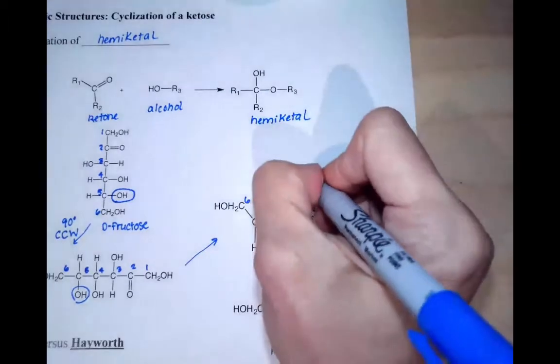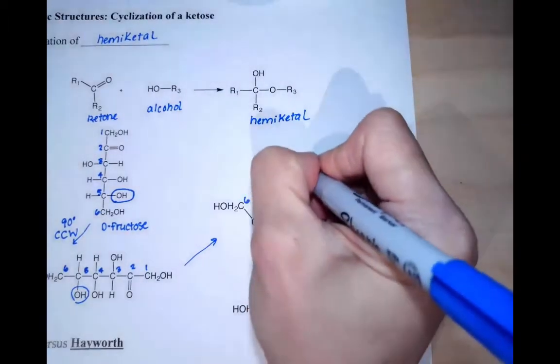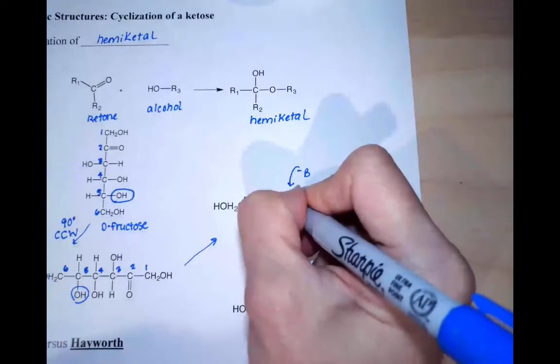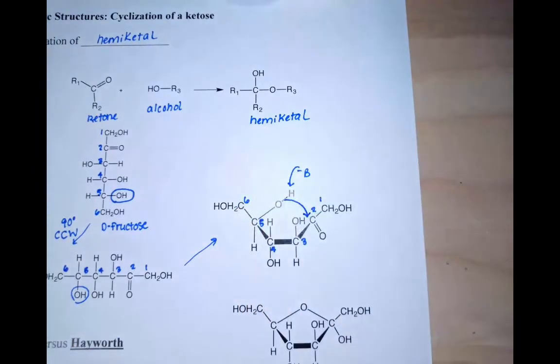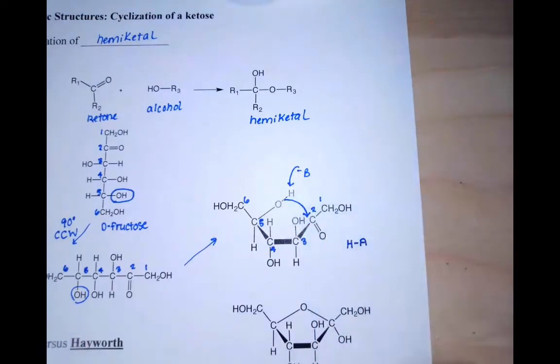This is, of course, going to be assisted by some base that will abstract the proton on the alcohol group, which will make the oxygen a better nucleophile for attacking that carbonyl carbon. And go ahead and draw my acid.